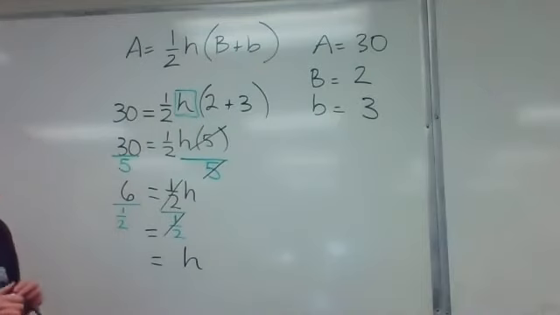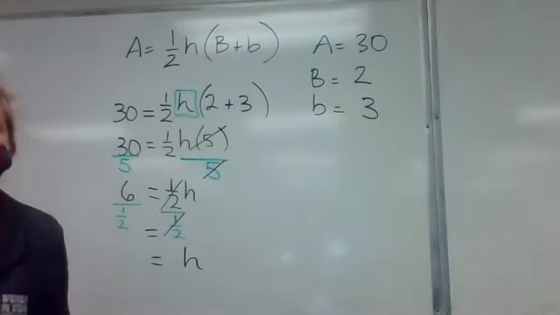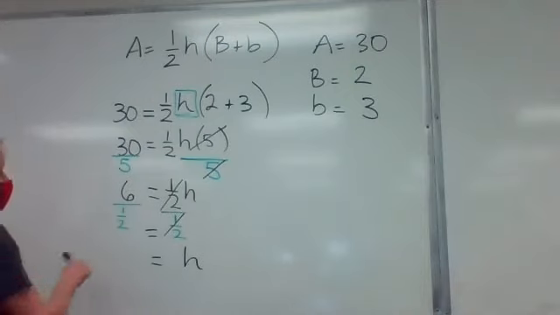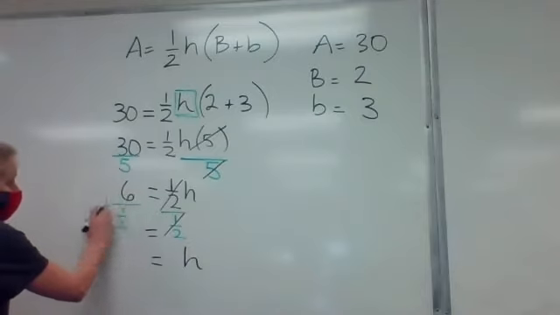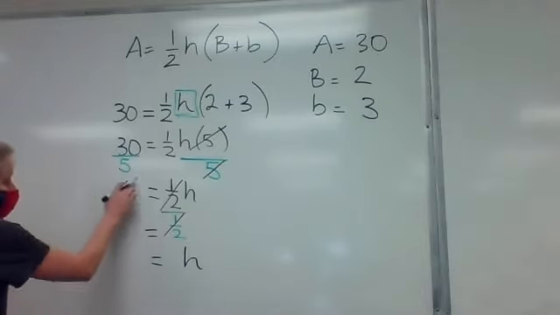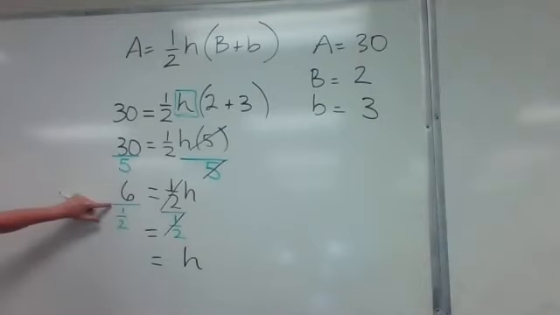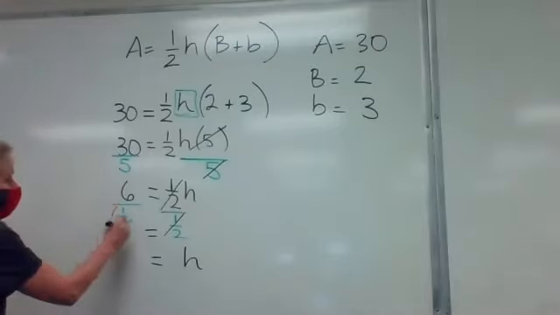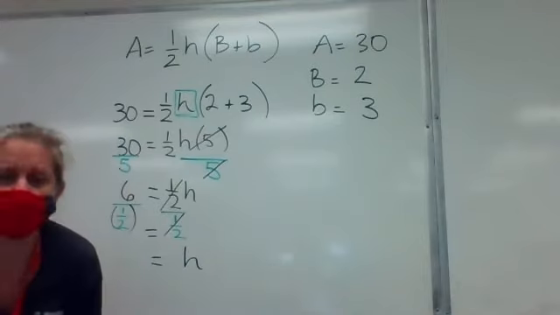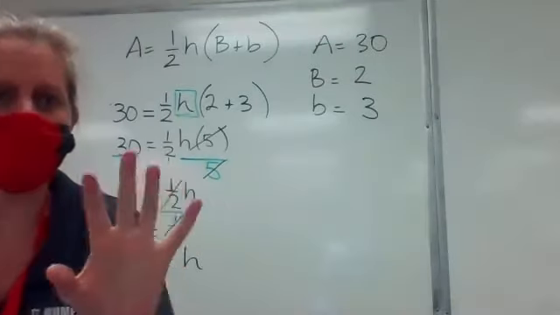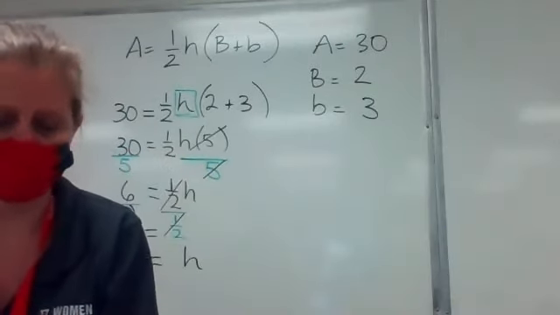6 divided by 1/2. Now, just to be careful, I'm not sure if it'll do it or not. If you have a division problem and one of the things you're dividing is a fraction, you type in divided by for division. You also type in divided by to create your fraction. So I'm going to put that in parentheses to tell it the bottom half of the division problem is a fraction.